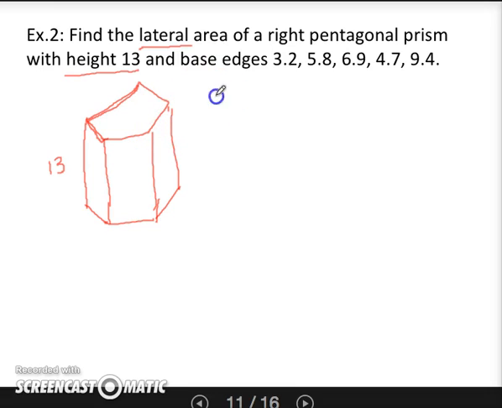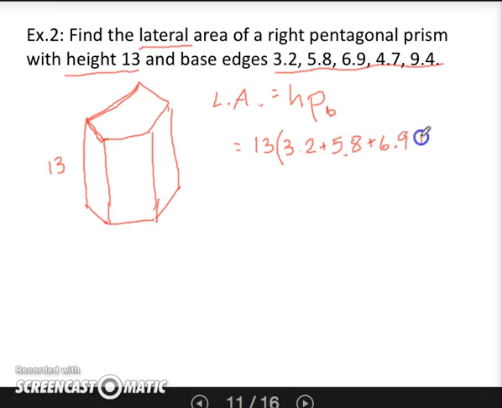So since we're asked to find the lateral area, we know that the lateral area is going to be the height times the perimeter of one of the bases. But the perimeter is just the distance all the way around the base. So we can take the height, which is 13, and then for the perimeter, we just add up 3.2 plus 5.8 plus 6.9 plus 4.7 plus 9.4.